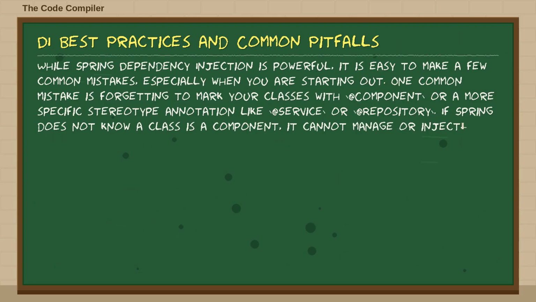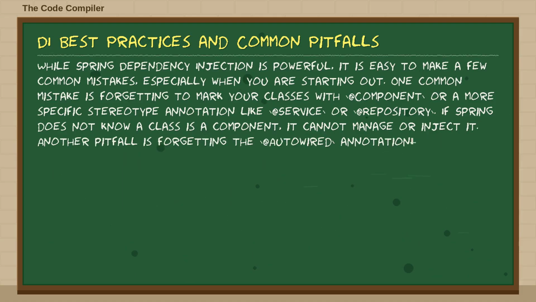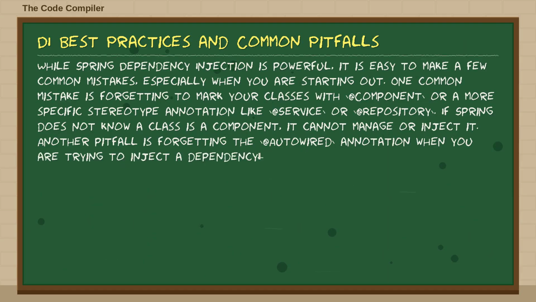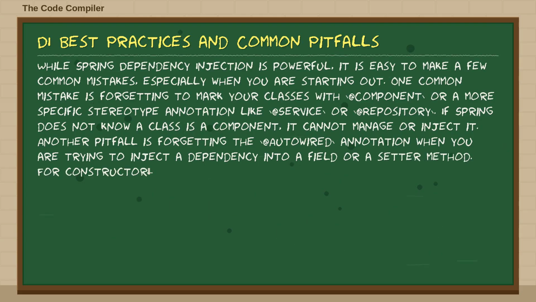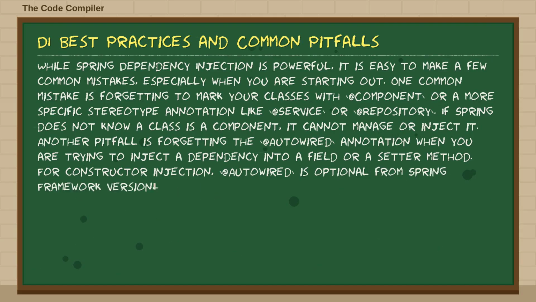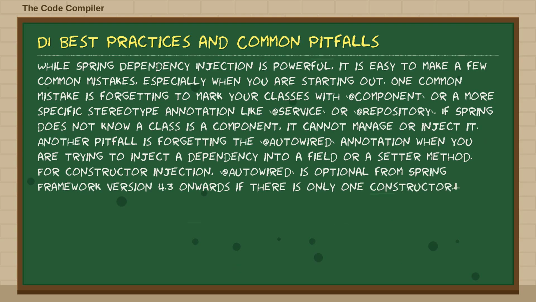Another pitfall is forgetting the @Autowired annotation when you are trying to inject a dependency into a field or a setter method. For constructor injection, @Autowired is optional from Spring Framework version 4.3 onwards if there is only one constructor.